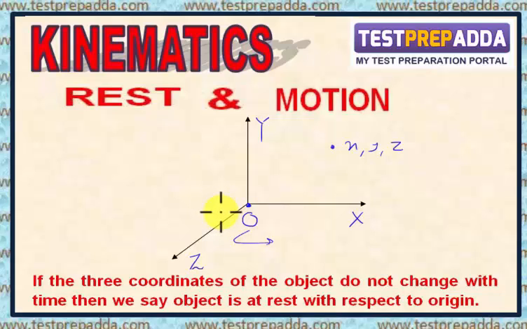And if any of the coordinates change with time, we say that the object is in motion with respect to this frame of reference. There is no restriction in choosing the frame of reference.